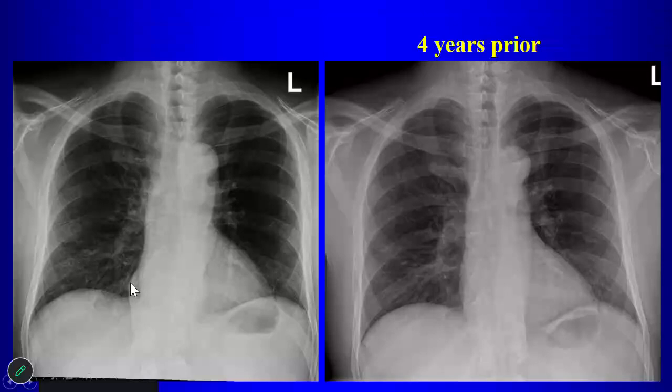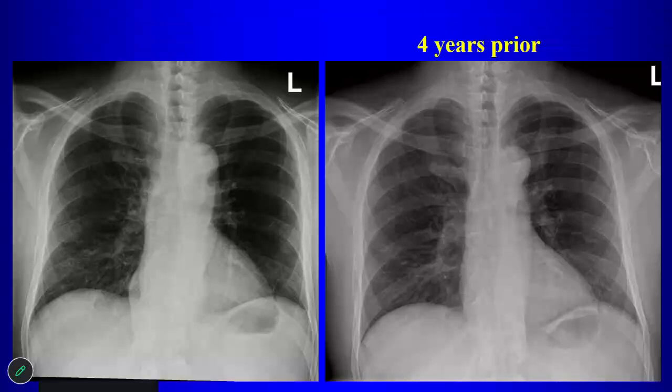So there's this extra bulge here, right? Oh, I see. So we have these bilateral, so there's bulging of what lines? Paravertebral lines. The paravertebral lines, right, bilaterally. So that points to what compartment? Posterior mediastinum.